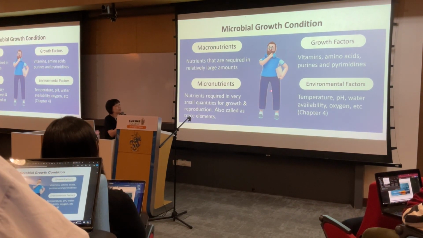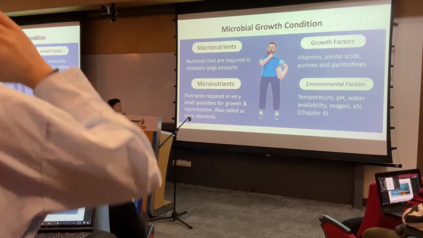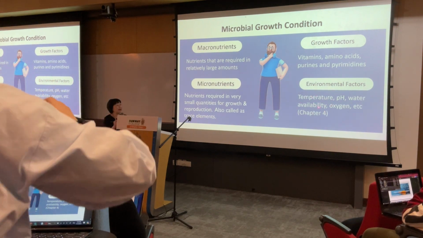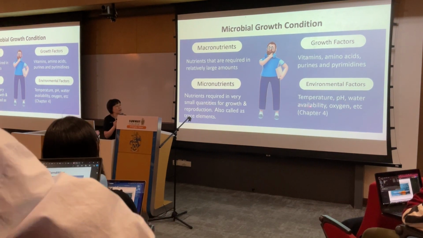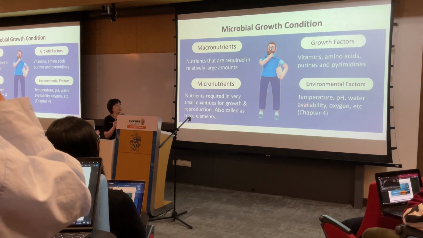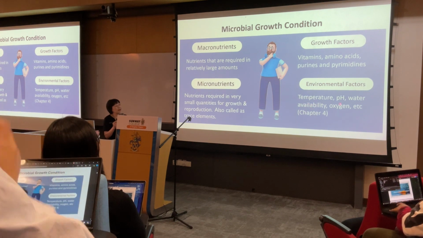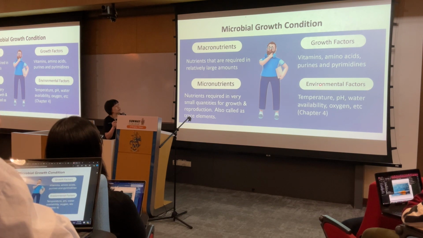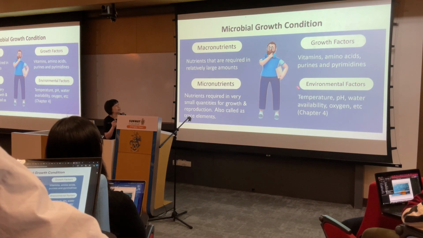Of course, in the previous lecture, we talked about the environmental factors, if you remember, in chapter 4, regarding the temperature and the pH, the water availability, the salt tolerance of bacteria, and oxygen, whether they are aerobic or anaerobic, etc., which has already been covered in chapter 4. So the environmental factors really determine the growth of the bacteria.